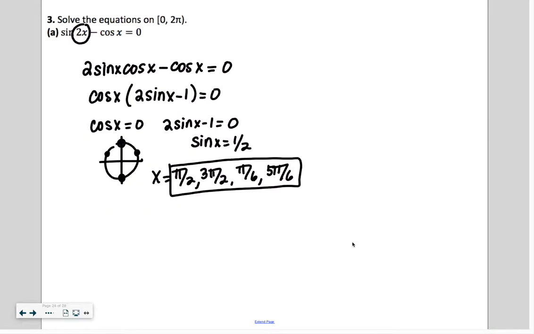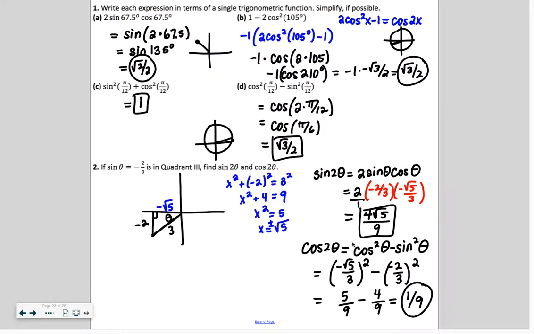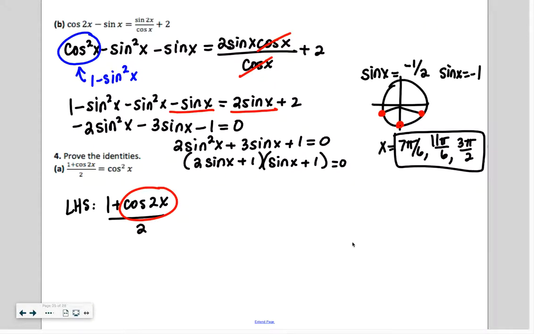Looking back at those, it's been a while. There's 3 different possibilities for cosine of 2x, right? So which one do I want? 1 minus 2. So do we have a sine on the right-hand side? Probably not. So let's replace it with 2 cosine squared x minus 1.